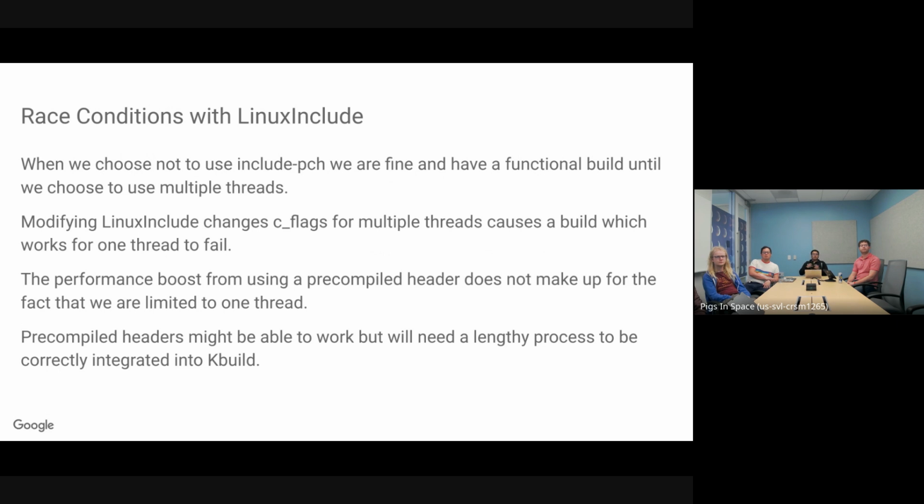And so the performance boost from using just precompiled headers doesn't make up for the fact that we are limited to just one thread. So we've determined that, yes, you can use precompiled headers, but it's going to take a lot of time to correctly integrate it into Kbuild, especially if you want the benefits of both having a lot of threads and precompiled headers.